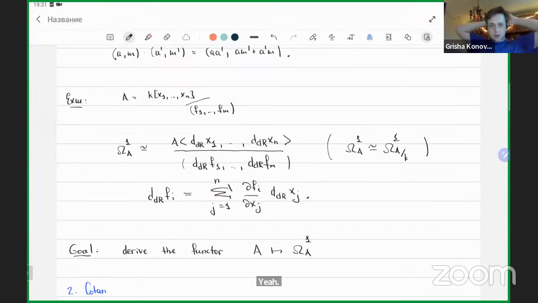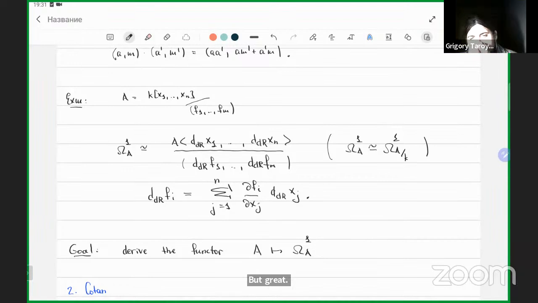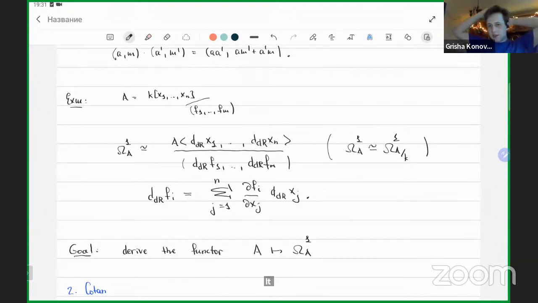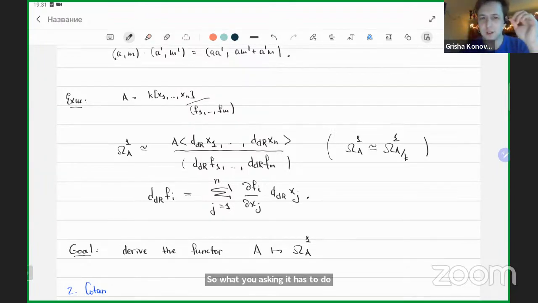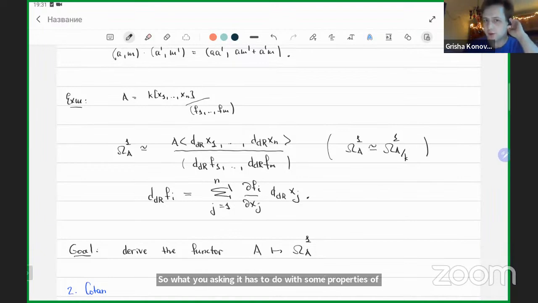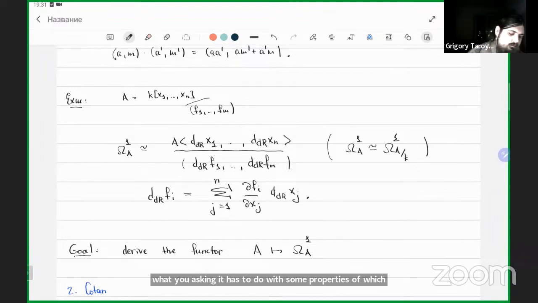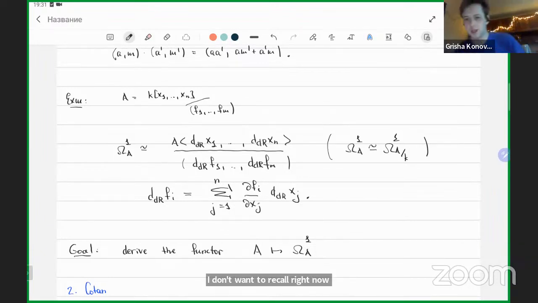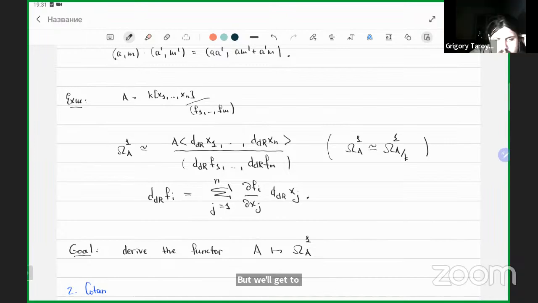What you're referring to is what people classically call the conormal sequence, I guess. Is this true? So what you're asking has to do with some properties of Kahler differentials, which I don't want to recall right now, but we'll get to that when we talk about properties of the cotangent complex. Yes, thank you.